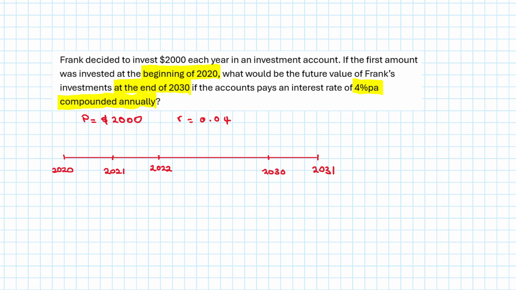So a timeline really helps clarify how many terms we have. Our first amount of 2,000 goes in here, and then another 2,000 and another 2,000 and so on. Now, the last amount goes in at the start of 2030.